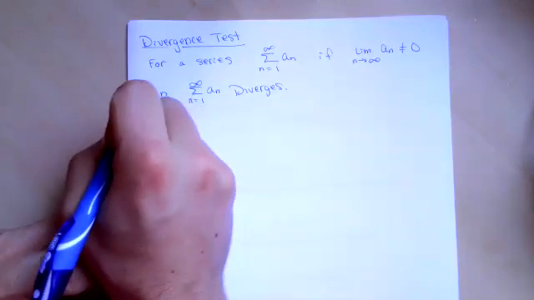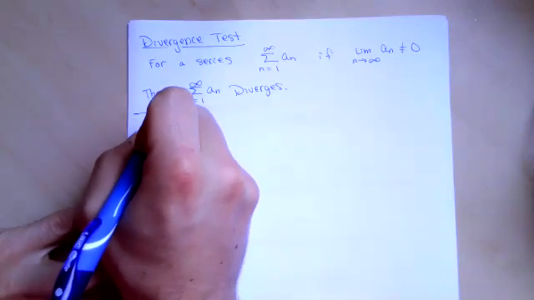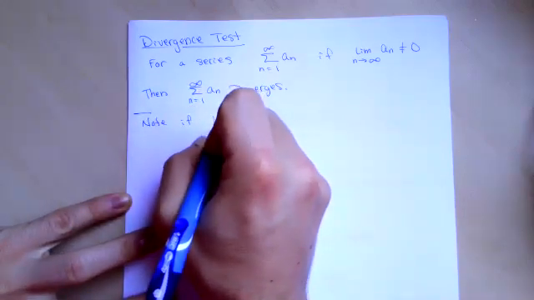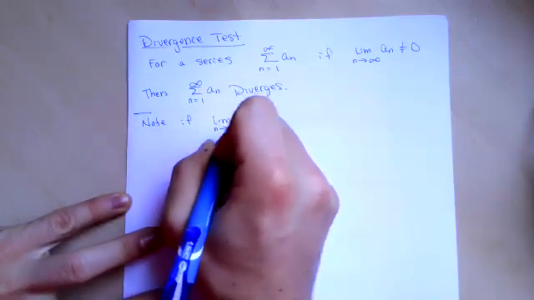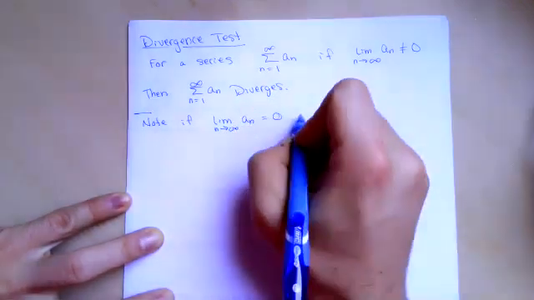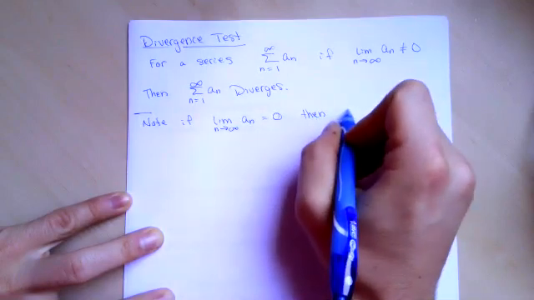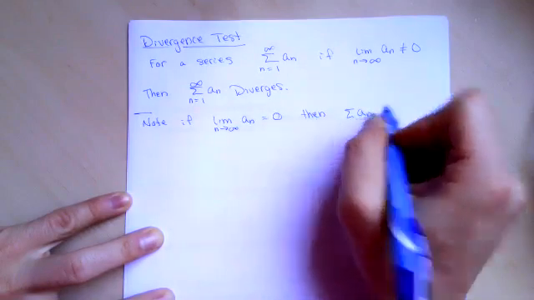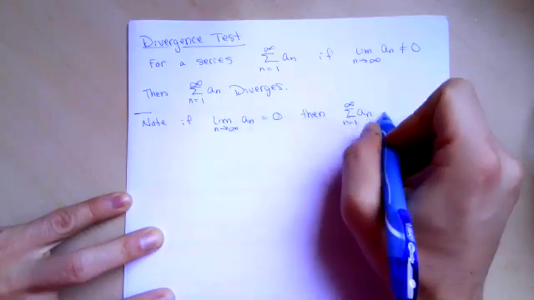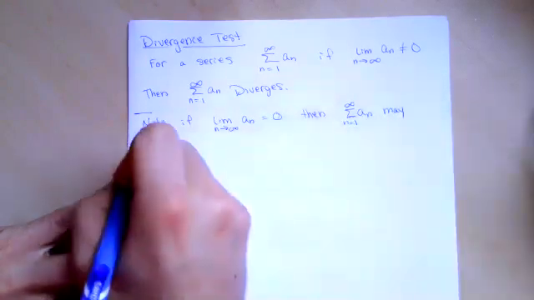But of course, we should have a note as our previous note. If the limit as n goes to infinity of a_n is zero, then the series may converge or diverge.